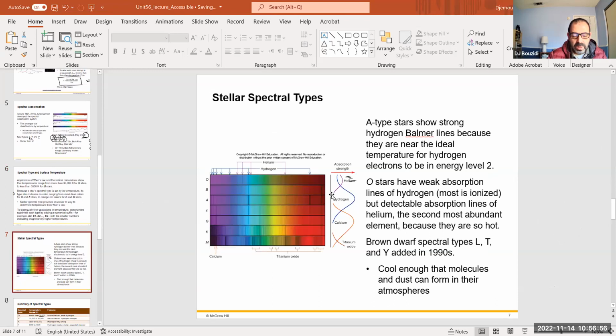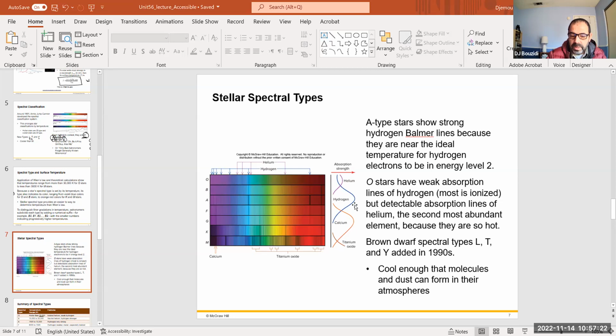And this is the point I was trying to talk about earlier, namely the stars that are too hot. In this case, helium is the one that is mainly excited versus other elements like hydrogen. Now the less hot stars will get into the hydrogen.